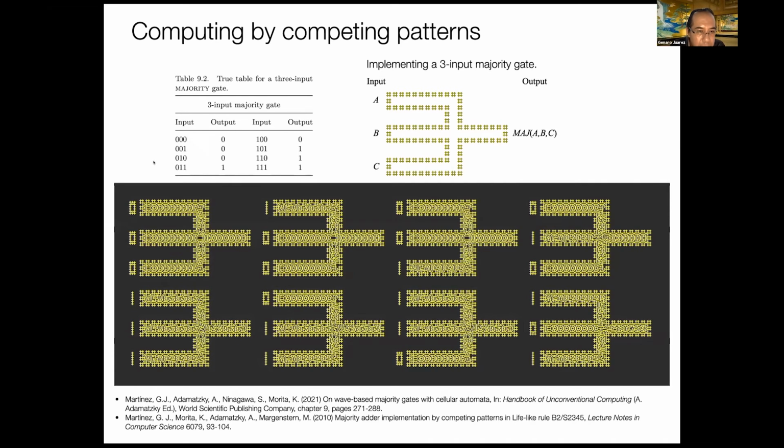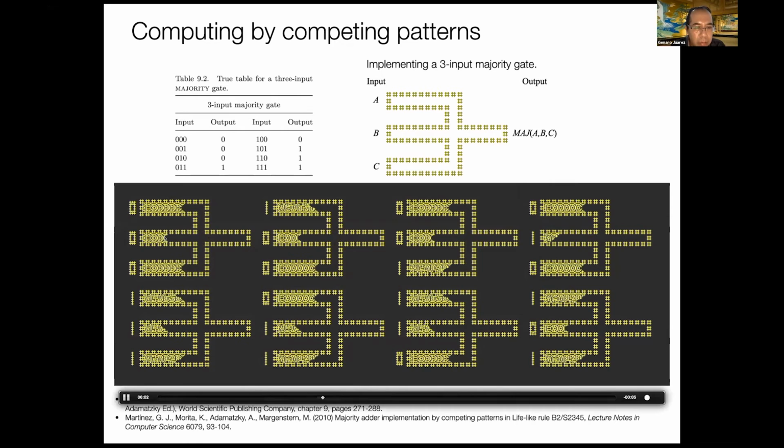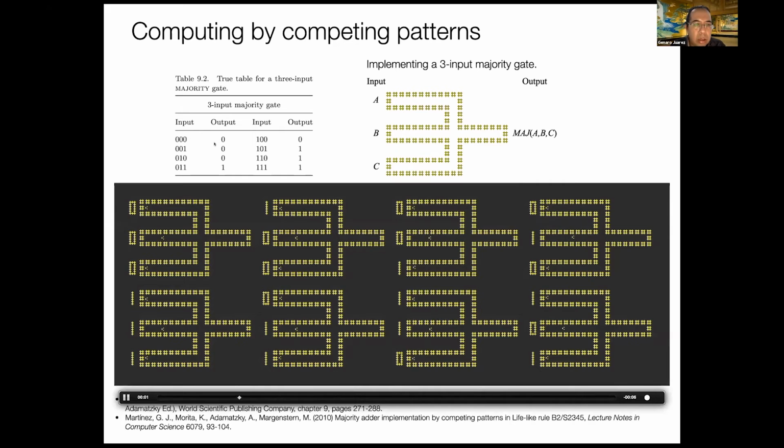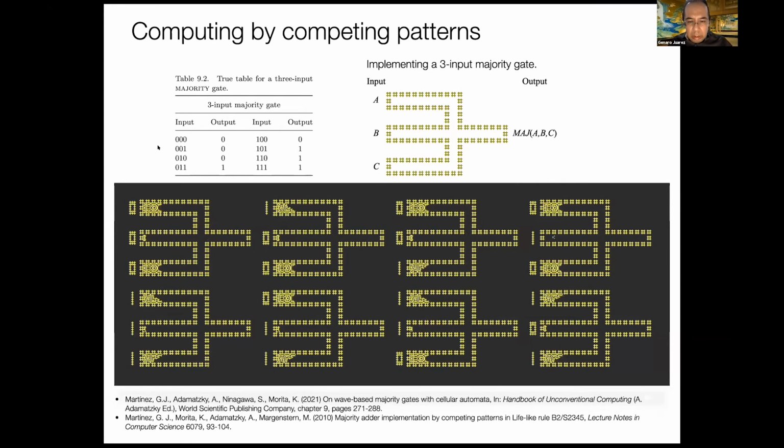That is exactly the intersection between 3 channels, where the channels are traveling with binary values, and we have implemented all combinations, and we produced the truth table for this majority gate.